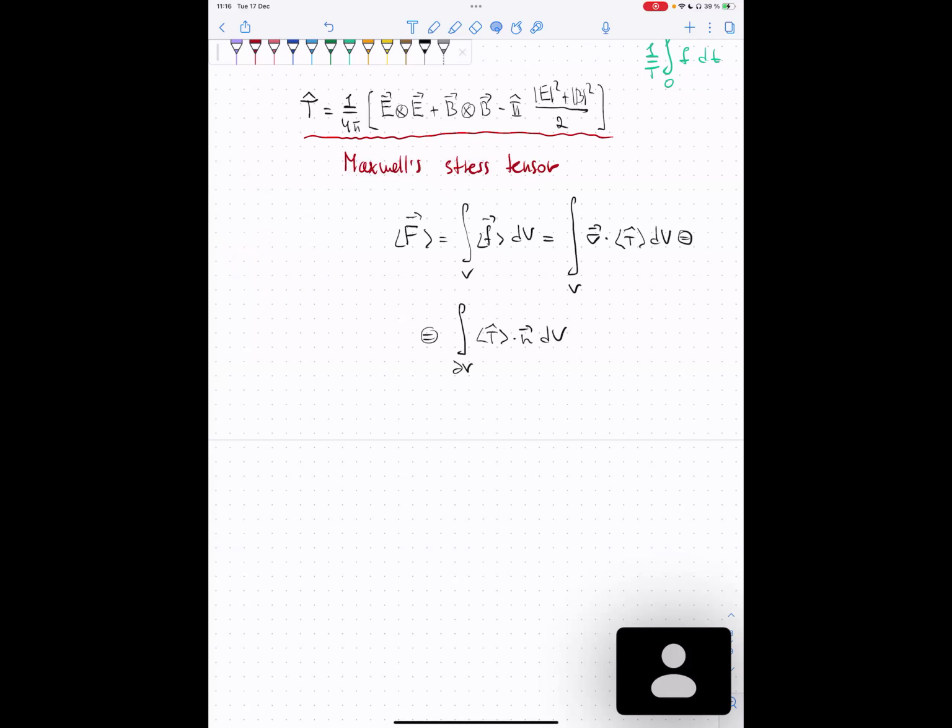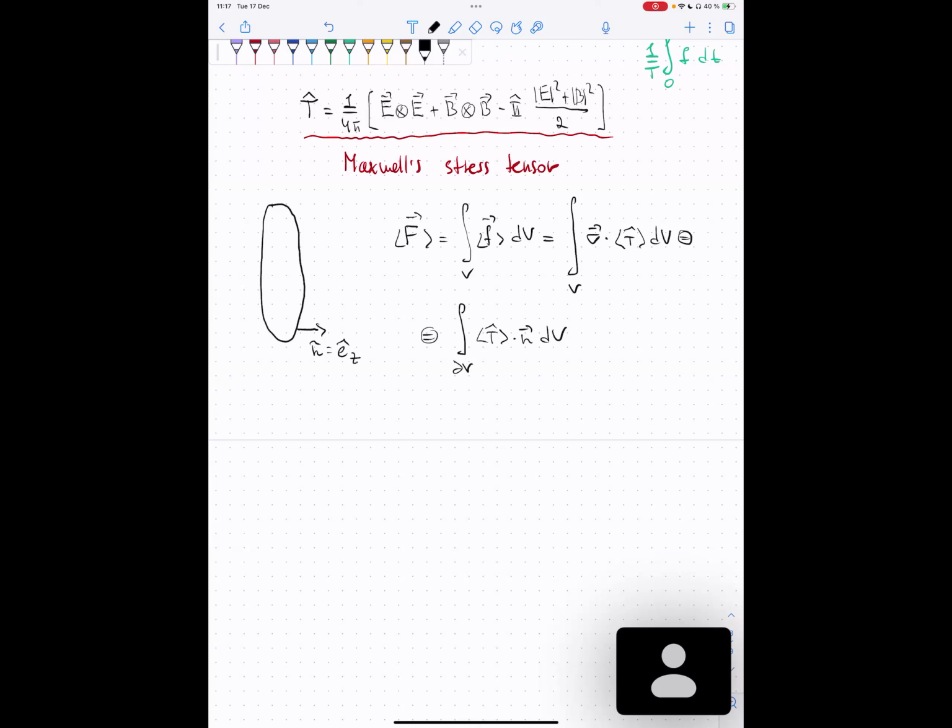Let me draw it a little bit more quickly. So in our case, the normal to the surface is just Ez.